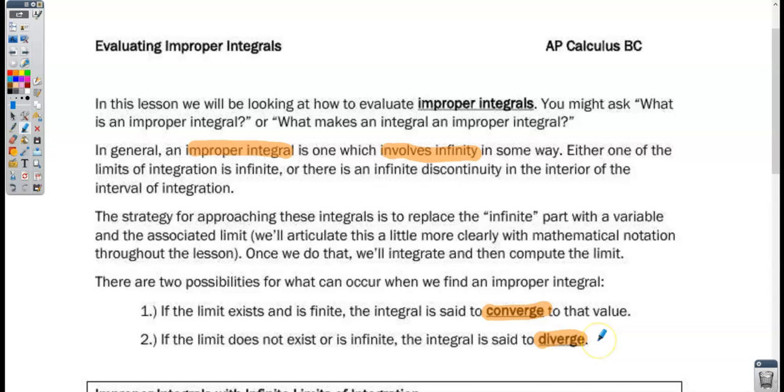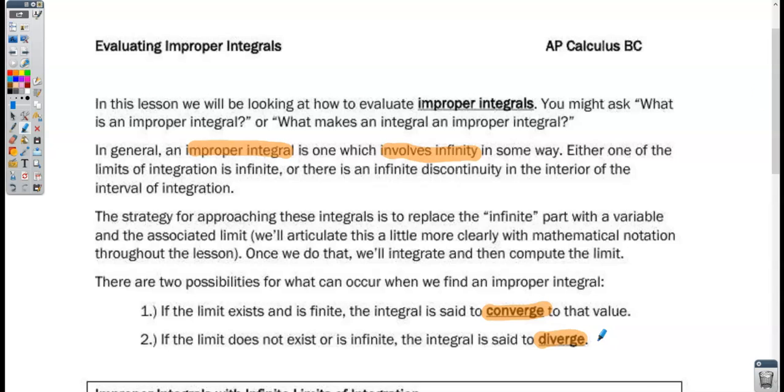Okay, these are two terms that are going to be very, very important and very common for us to use when we get to Unit 10 of this course. So we're kind of introducing them to you here, and they have a very similar meaning when we talk about what we're going to talk about in Unit 10 as they do now. So if the limit exists and is finite, it converges to that value. If the limit does not exist or is infinite, the integral diverges.